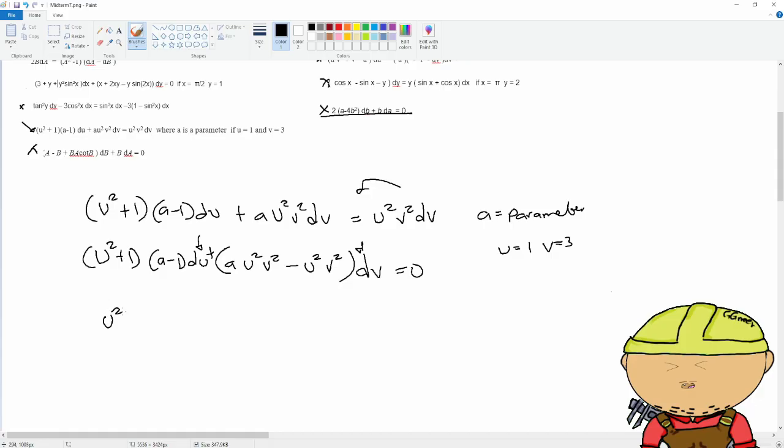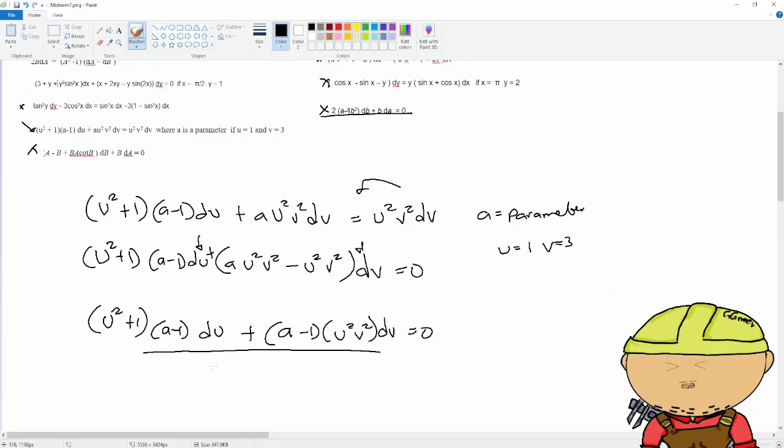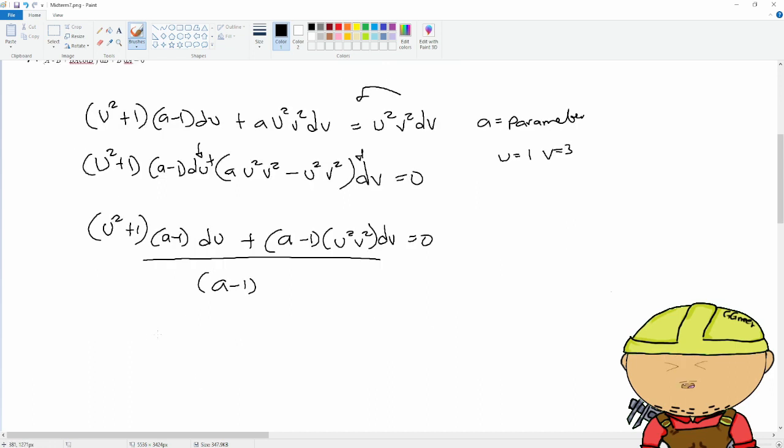Is this separable? (a minus 1) u squared v squared dv. Divide both sides by a minus 1, so we can cancel out the a minus 1. This becomes u squared plus 1 du is equal to u squared v squared. This is a separable equation.